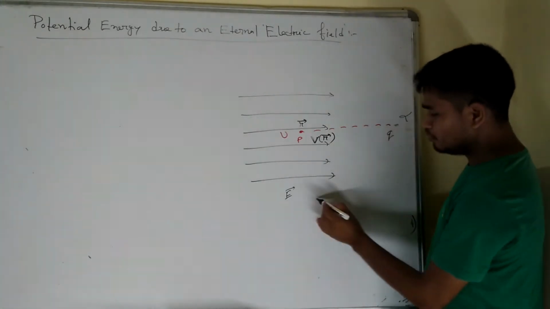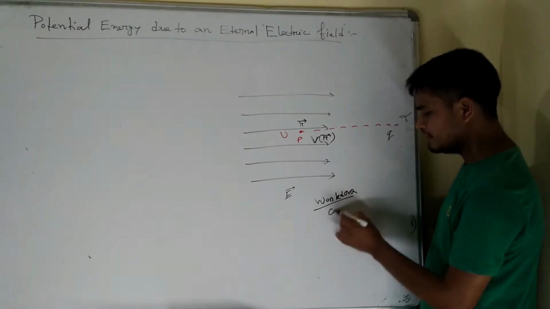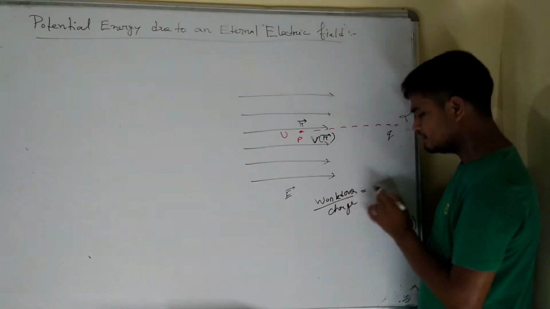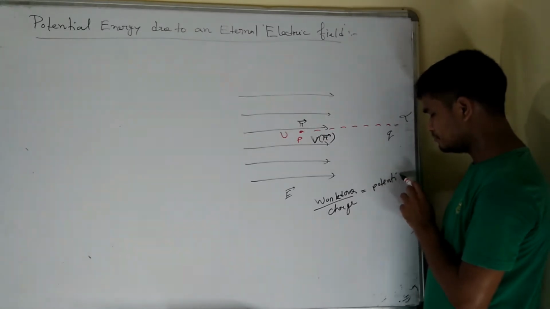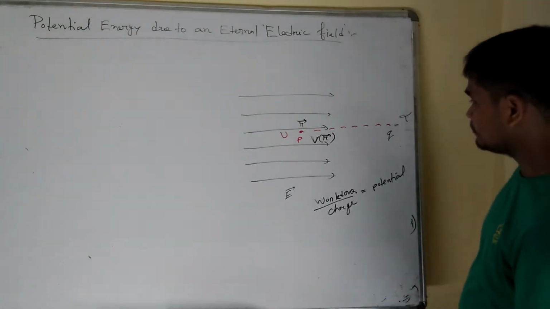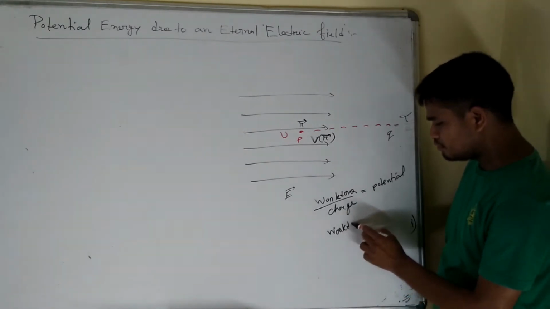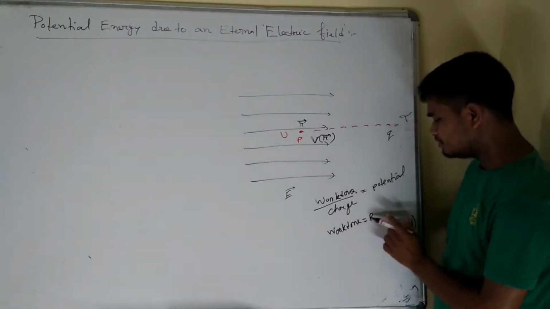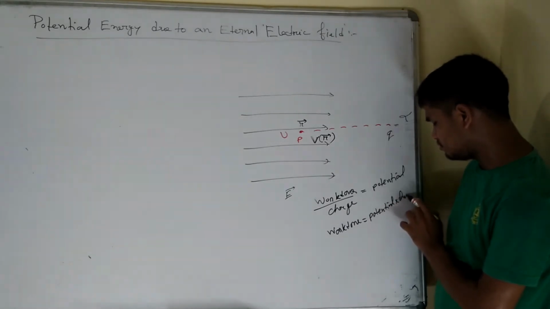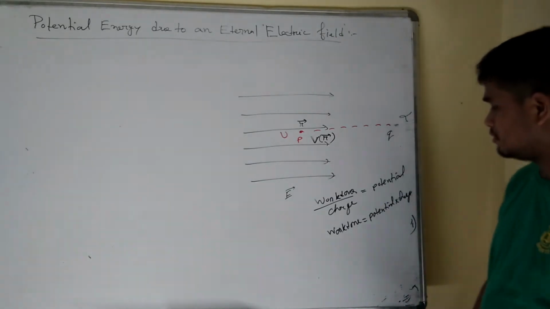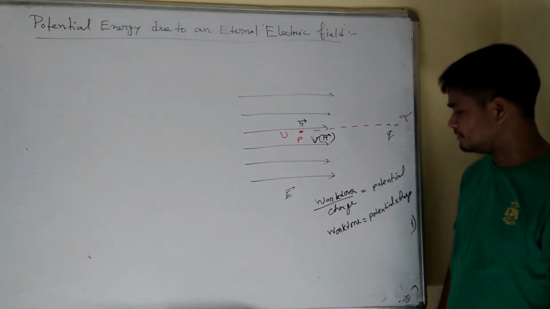We know that work done by a charge is equal to what? Potential. So work done is equal to potential into charge.